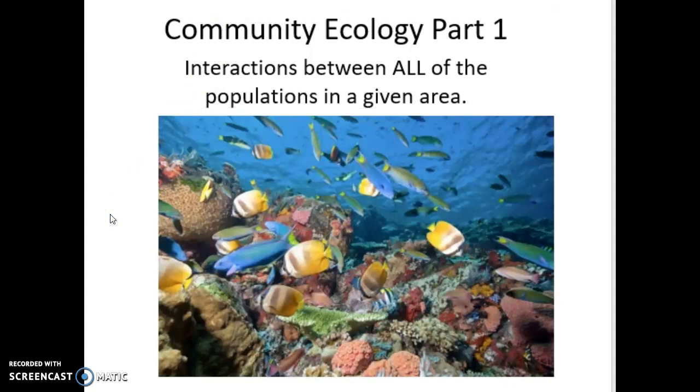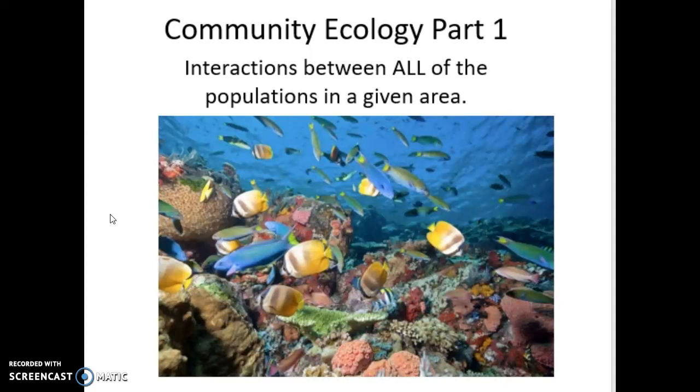You look at the fish in the picture. There's 10, 12, 15, whatever different species of fish. But what about the 20 species of coral? What about the different species of algae and the different species of invertebrates, the little worms or crustaceans? All of those things interact together, and they have connections and interactions with each other. That is what makes up a community.